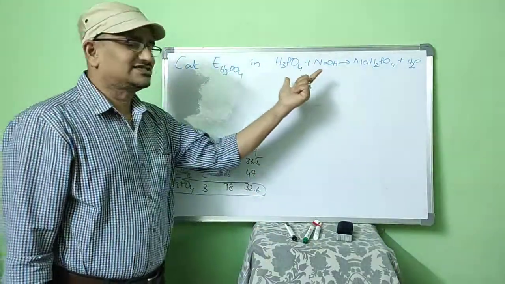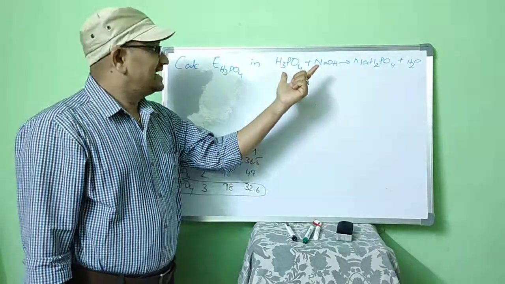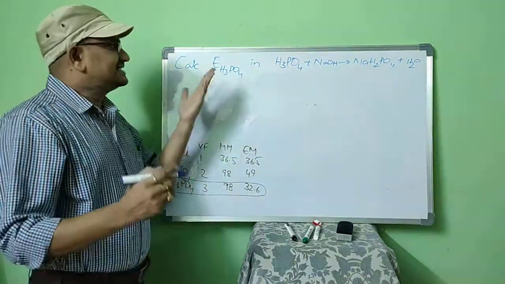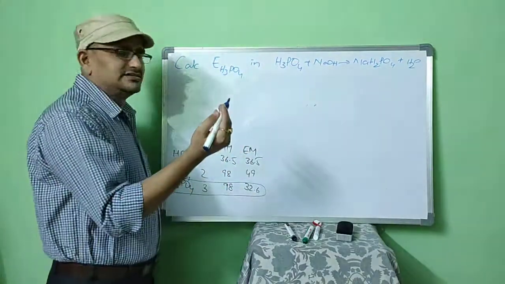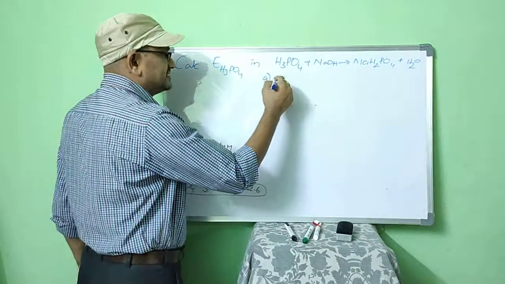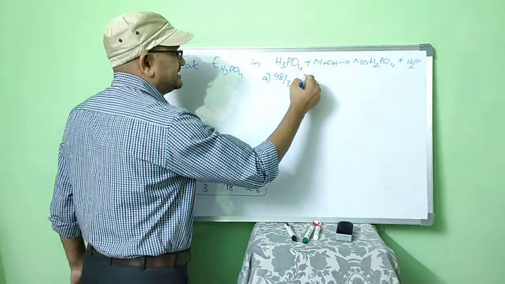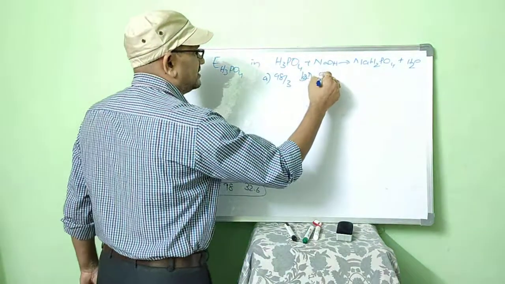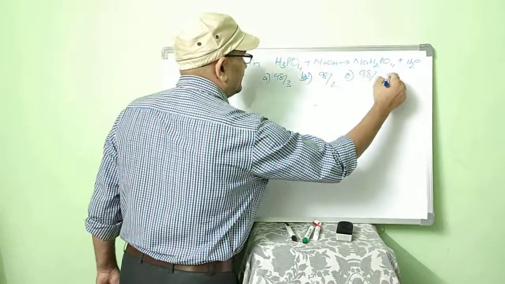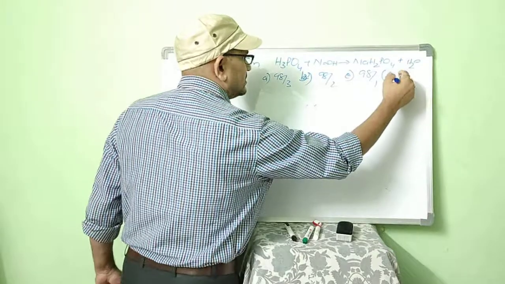Immediately on looking at this question, all students will answer that it has 3. In a tempting manner, they give the options also the same way. The first option is 98 by 3, the second option is 98 by 2, the third option is 98 by 1, and the fourth is none of the above.